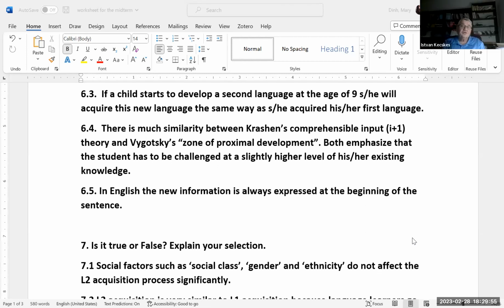As far as English is concerned, you know, in what way you think that the new information is expressed at the beginning of the sentence? So tell me, explain that you say that old information. Oh, I'm sorry. Old piece of information is expressed at the beginning of the sentence, I thought, and it's followed by a new piece of information. Are you sure?